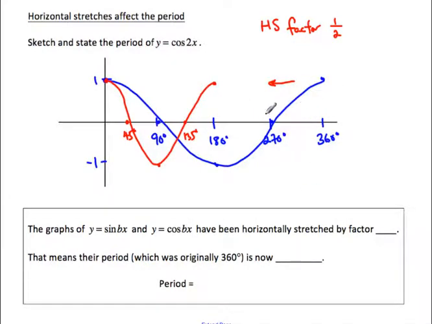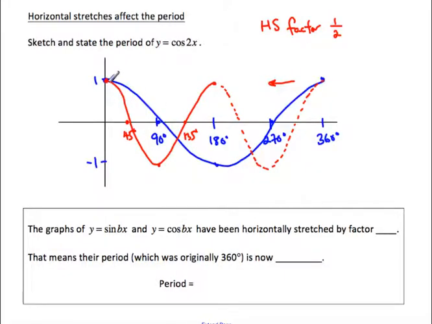Now, keep in mind that this function is going to continue, so we could keep drawing the function and we could see that actually a second cycle would fit between 180 and 360. But here in the solid red line, we're just drawing one cycle of the function. Now, if we think about it, this 2 meant a horizontal stretch of factor 1/2, and we can ask, what's the new period?